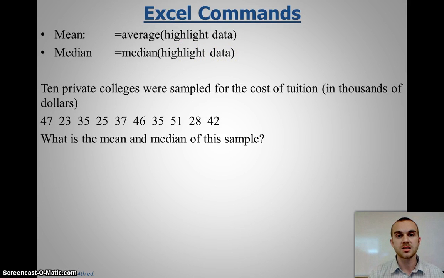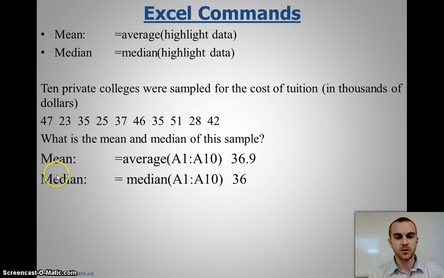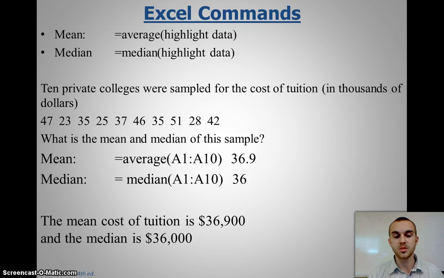So if we go back to that 10 college problem, if I just enter my data directly into Excel in each of the rows, I could use the formula, and there's 10, so it'd be rows 1 through 10. And I'd find that the mean cost is 36.9 and the median would be 36, which we found earlier. So we'd say the mean cost of tuition is $36,900, the median is $36,000.